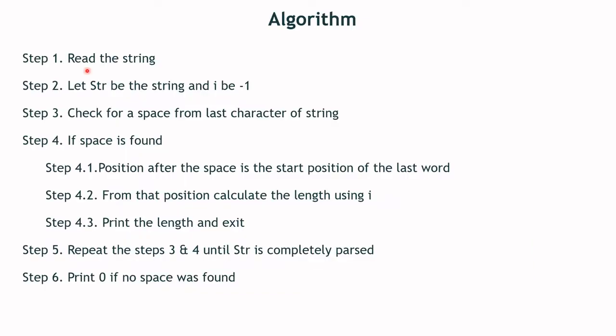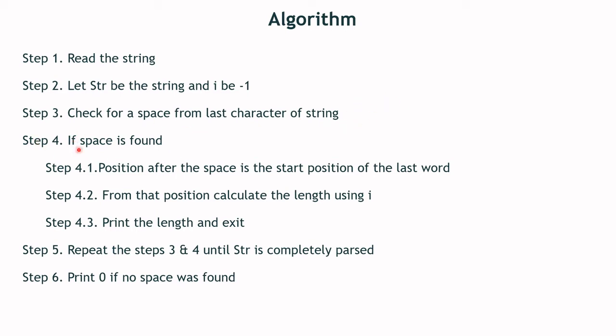Let's quickly see the algorithm. Read the string, then traverse the string from the back. Check for a space from the last character so that we land in the last word.